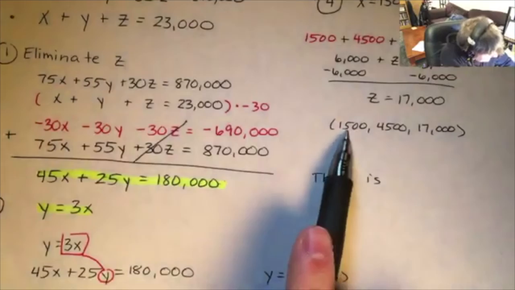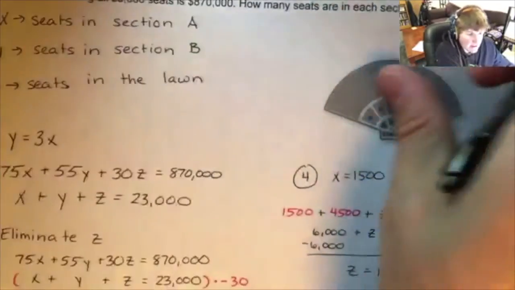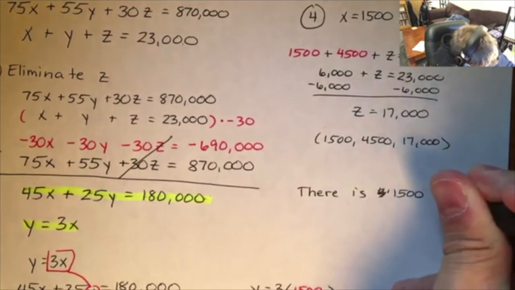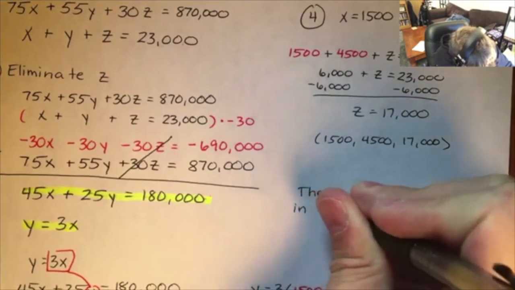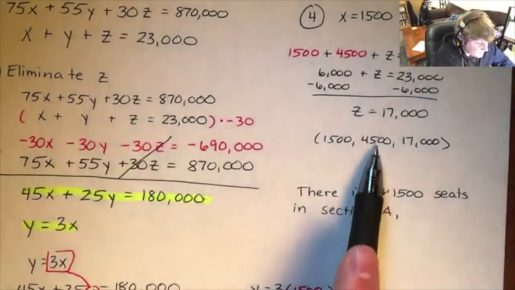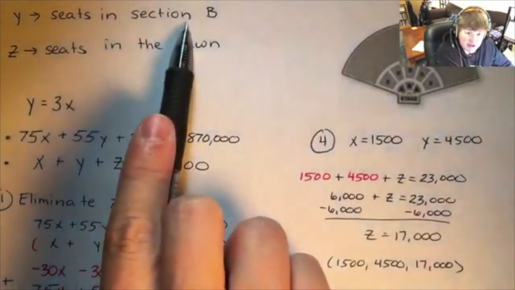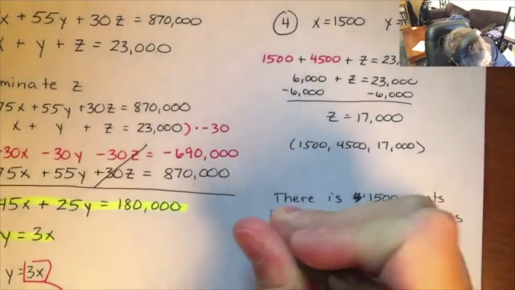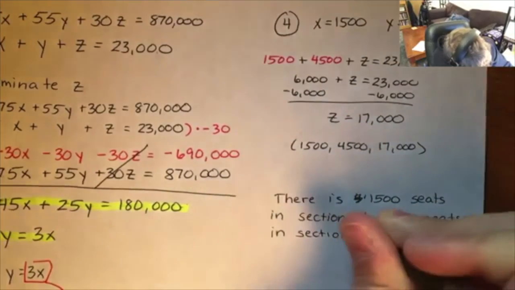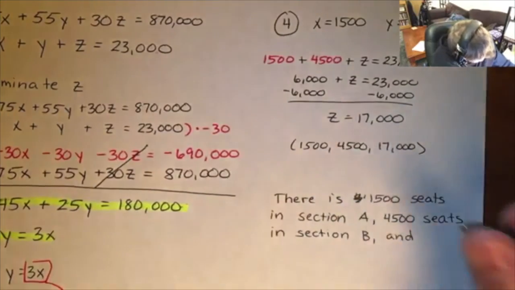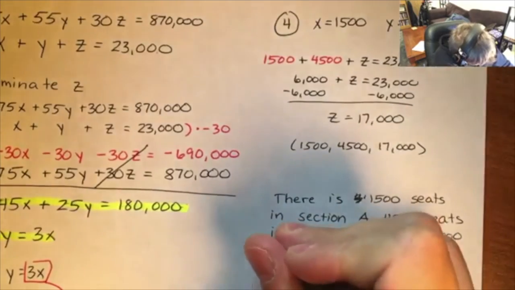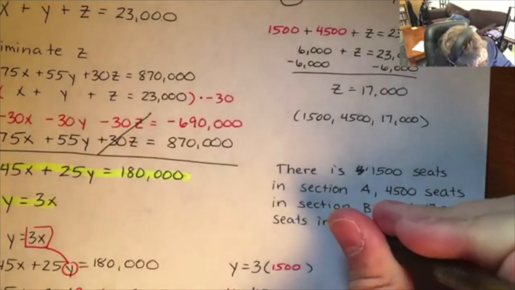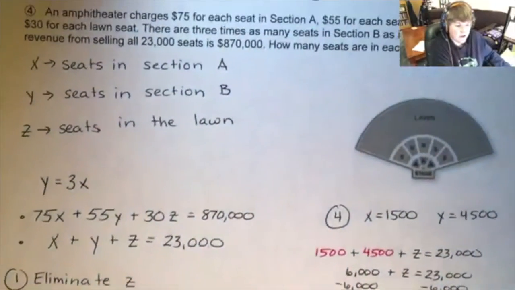Well, what is x? x is 1,500, but it also represents the seats in section A. So that means we have 1,500 seats in section A. Well, y is 4,500, and 4,500 represents seats in section B. So there's 4,500 seats in section B, and z is 17,000 seats in, and z is the lawn. Okay, and that altogether is this problem.